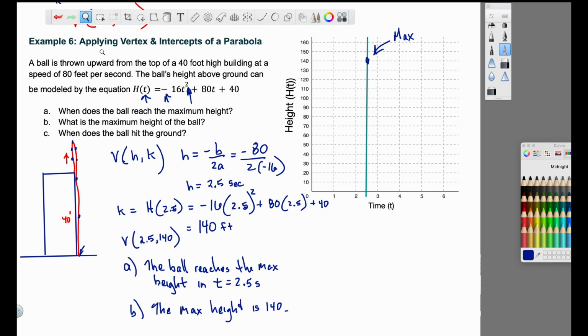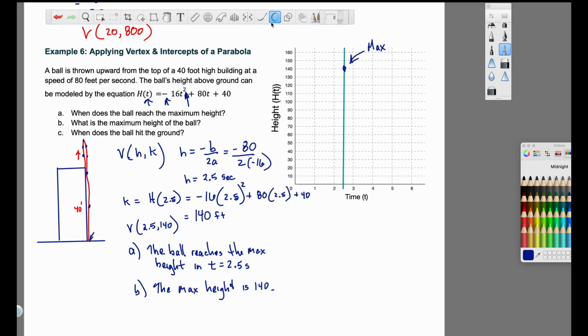Okay. So I hope you see here that we're starting at 40 above the ground, right? At 0 seconds, before we even throw the ball, we're already 40 feet above. If we were finding the y-intercept, we would plug in 0 for t here. I'll just do this really quickly.